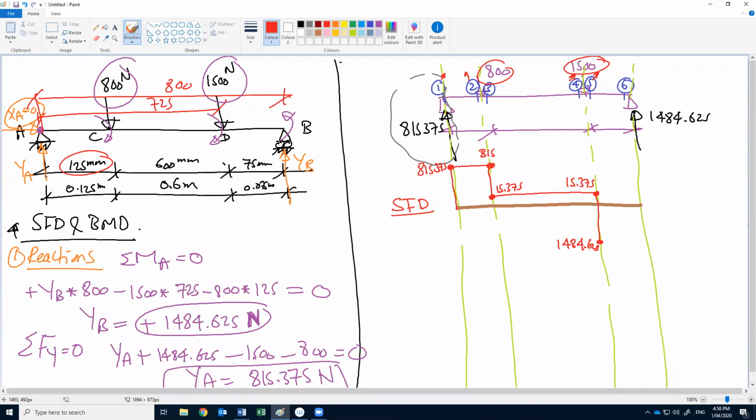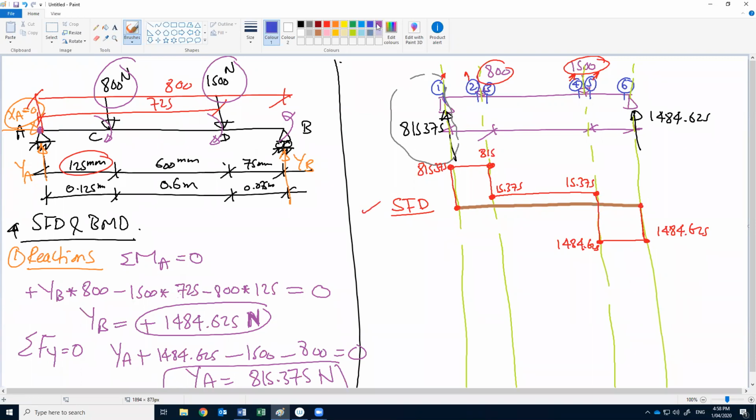From 5 to 6, no change, so constant. Then we have the vertical reaction up, because we start from 0, we should finish at 0. And we do. So our calculation is okay, no problem with the reactions.